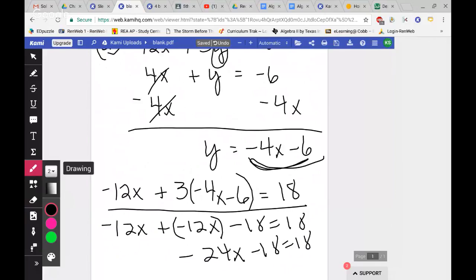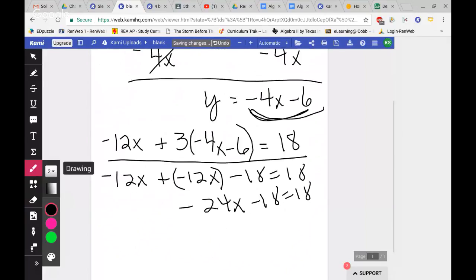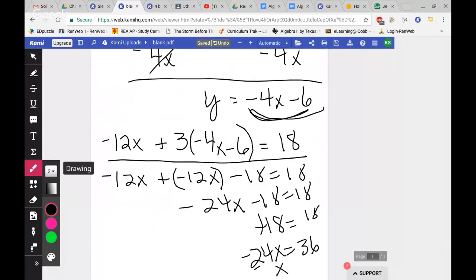Oh, okay, I got the wrong answer. It's not a pretty answer, though. I'll give you that. It's going to be 36. So it's a negative 24x equals 36. And then I divide by negative 24. And that's going to be, 6 goes into that, makes 6 times 3 halves.